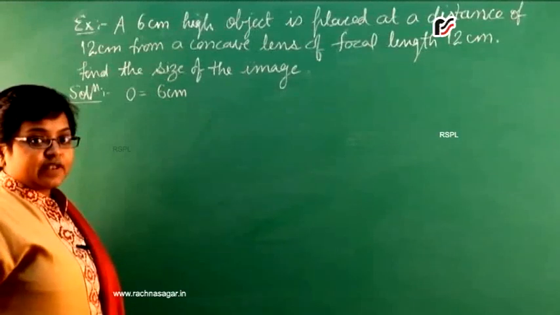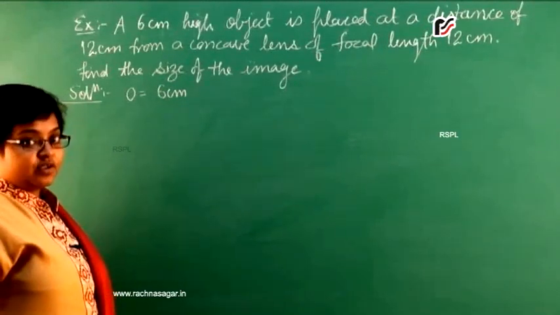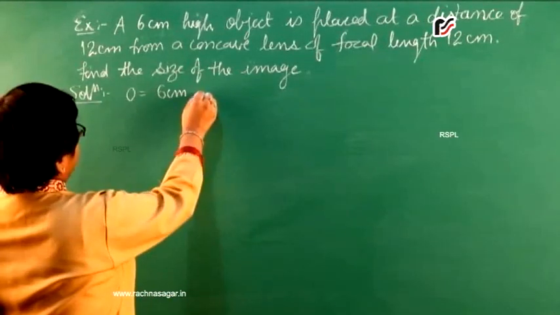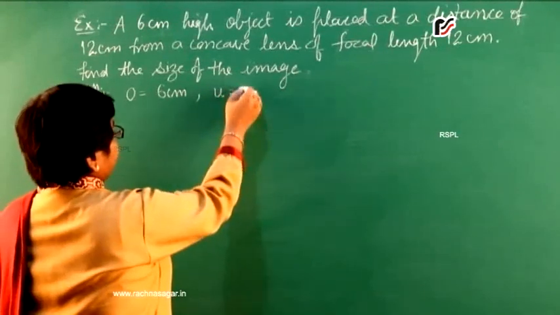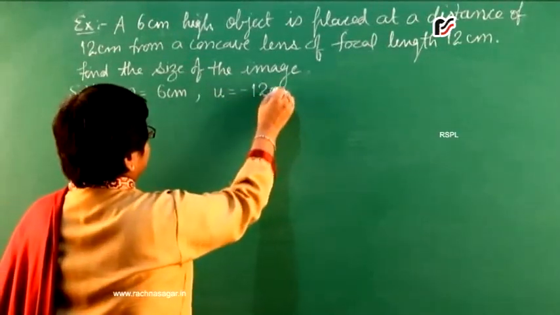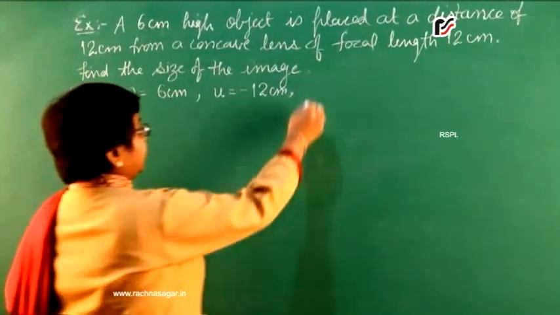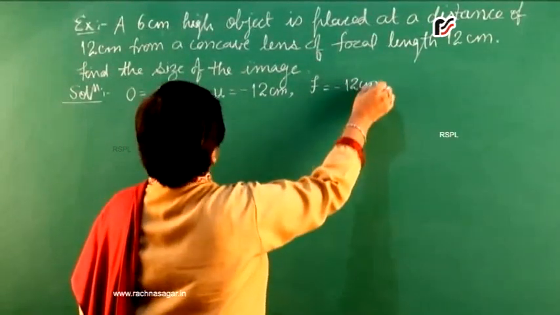Object is always placed on the upside of principal axis, so O is positive. Distance of object is given and always it is put on the left side, so it is negative. Focal length of concave lens is always negative, that is F equals minus 12 cm.